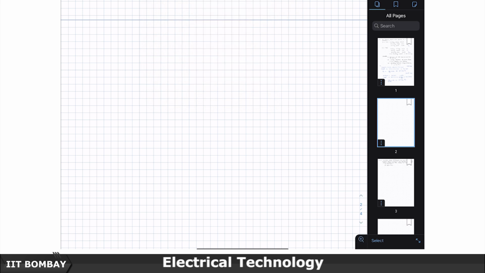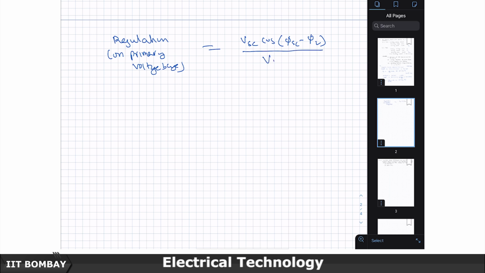We will see that. If you recall, I had given a simple derived expression in the last class for regulation on primary voltage base, which is V_sc divided by cos of phi_sc minus the load power factor, divided by V_1, into 100.